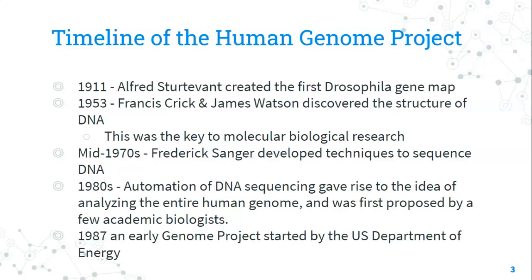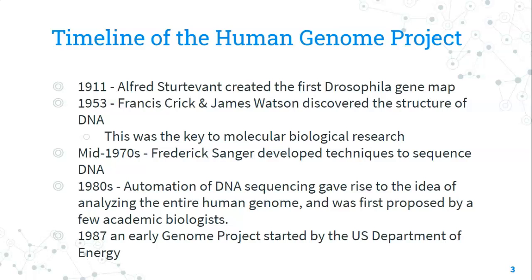So in the early 80s, we sort of automated DNA sequencing, and the idea of automating this sequencing made it quicker, right? You could do more in less time. And then it started to bring this idea to biologists that were like, well, okay, I like where this is going. Let's sequence humans. And that's sort of where this whole idea started.